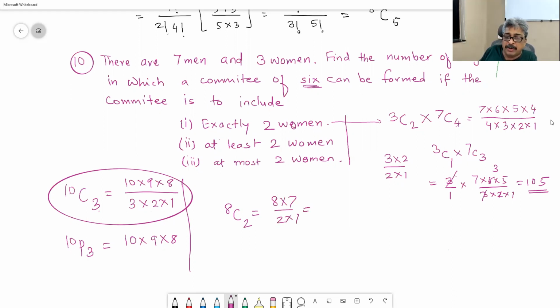Orally also you can find out it is 28. Now, if I ask 9 choose 7, we need not write 7 numbers in the numerator. We do 9 minus 7, which is 2, so 9 choose 2, which is 9 into 8 upon 2 into 1, which is 36.